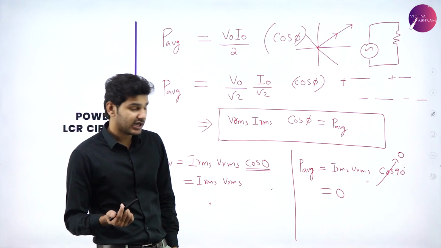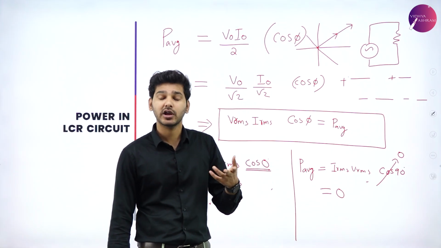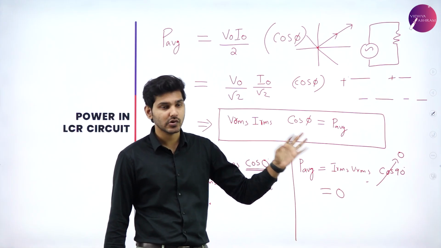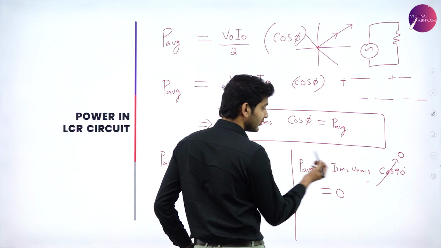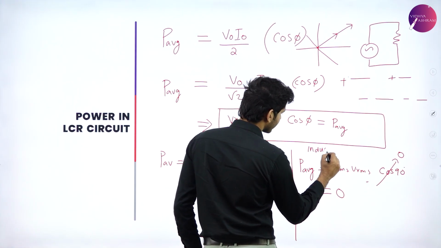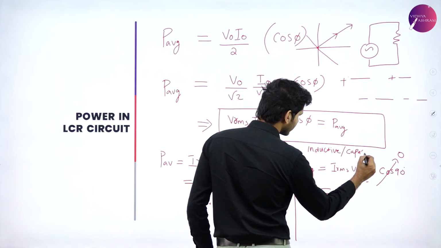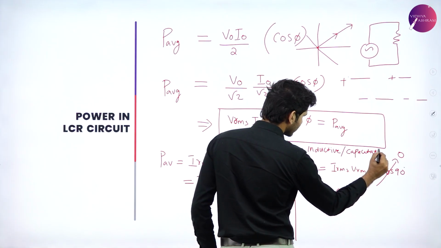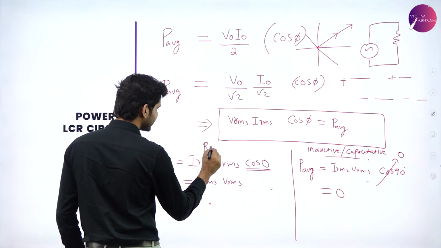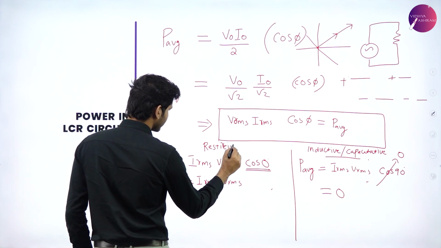Lastly, this type of power, where in a purely inductive or capacitive circuit the average power is equal to 0, those sort of circuits, I'm going to write it here, inductive or capacitive. And this one is purely resistive.